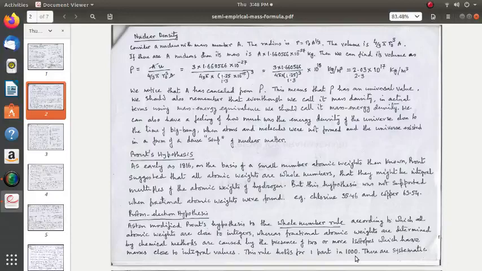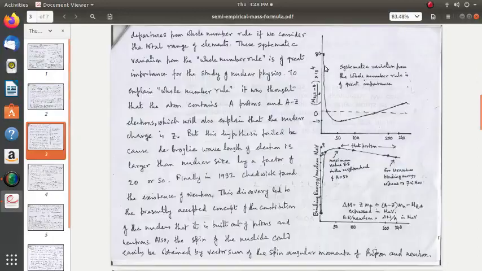Though he could not give a reason why this deviation occurs, he plotted the variation from the whole number rule, and it was seen that this variation is very systematic.